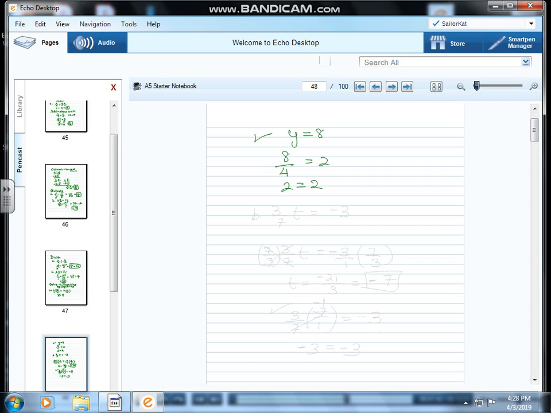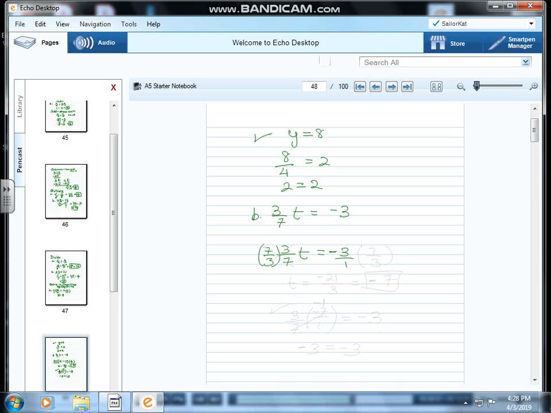The next example is with a fraction. So if you have 3/7 t is equal to -3, and remember your integer rules, so what you're going to do is flip this fraction to get rid of it with a t. That's your objective, to get t by itself.